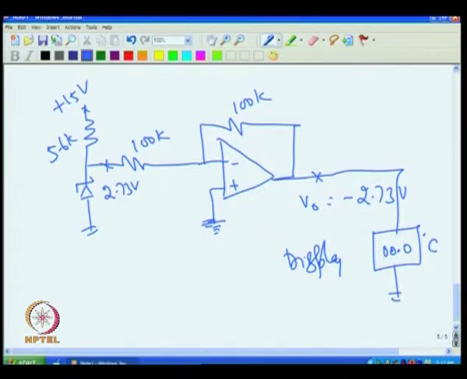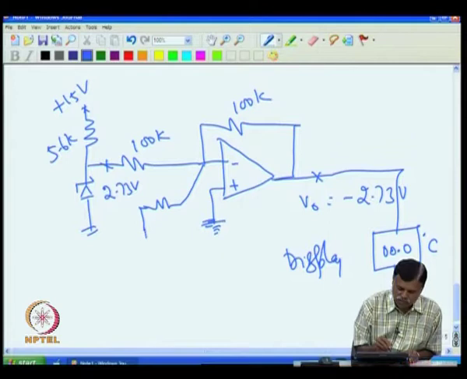So, for that I give a 0 volt. That means I have to remove minus 2.73, how to remove? I can do one thing, this operational amplifier can be used as a summing amplifier as well. So, I can give a voltage here, for example, I can give a minus voltage here. This voltage can be minus 2.73 volt.